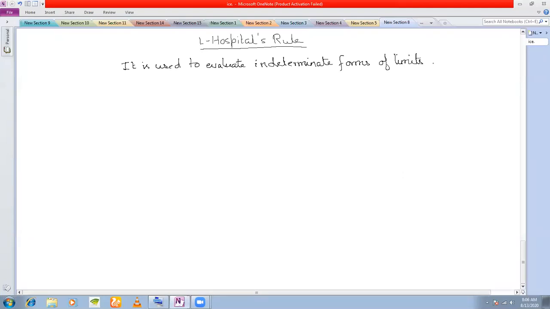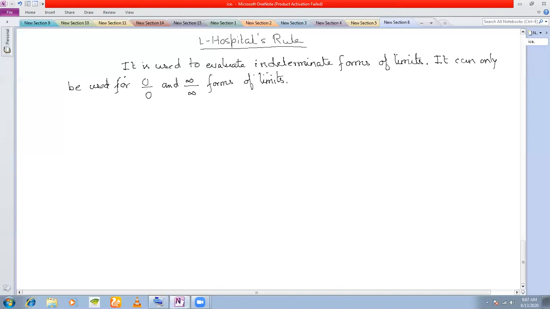Now, it can only be used if we have 0 by 0 and infinity by infinity forms of limits. Okay. Even when I say this, it does not mean that there are not other forms.